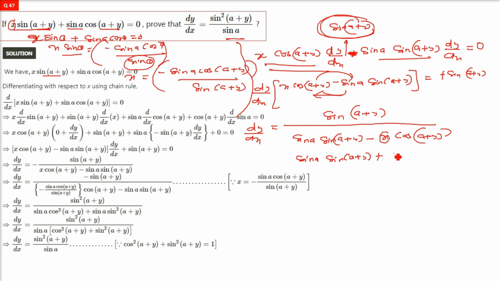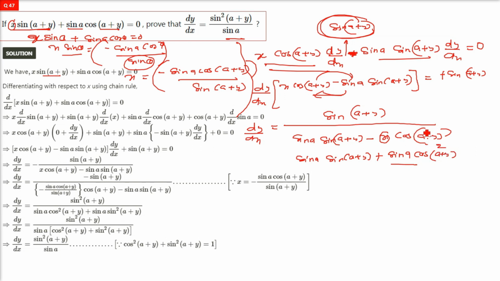So sin a plus y plus, minus plus, so sin a cos a plus y divided by sin a plus y, and there will be a cos a plus y. So now I am showing you the denominator, and this is going to give you a very fruitful result that will match the answer. Alright.